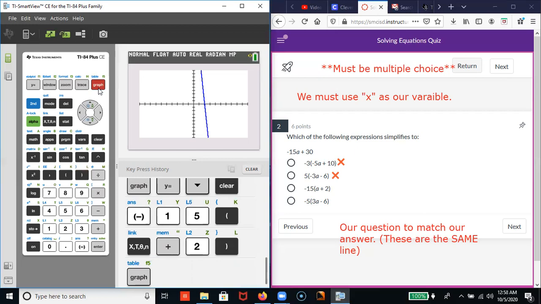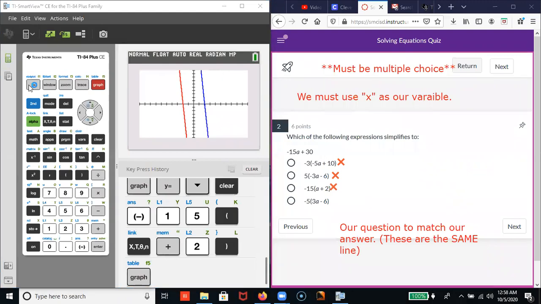Okay, so that blue one graphed, the red one graphed, and they're not the same line. So we're going to put an X, and we're going to try our last one.